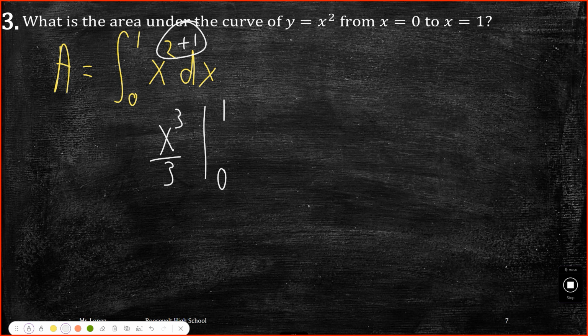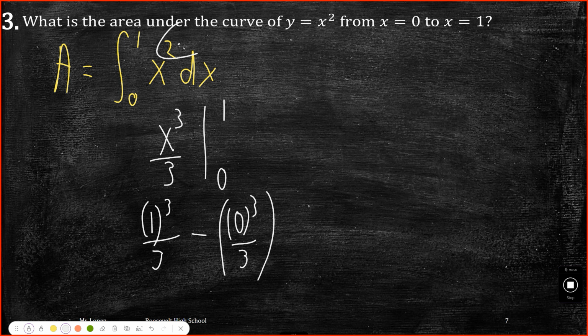So evaluate it. We go from the upper limit, subtract the lower limit, plug it in. So x is 1 to the 3rd power over 3 minus x is 0 to the 3rd power over 3, which is just going to be 0.